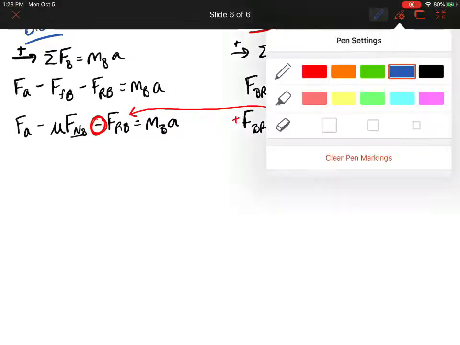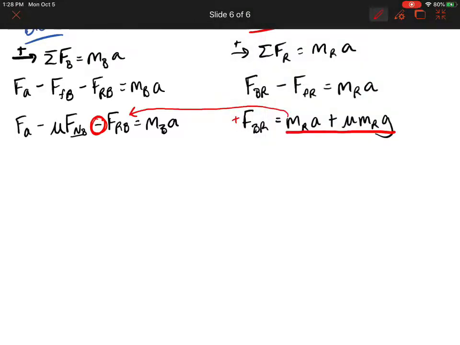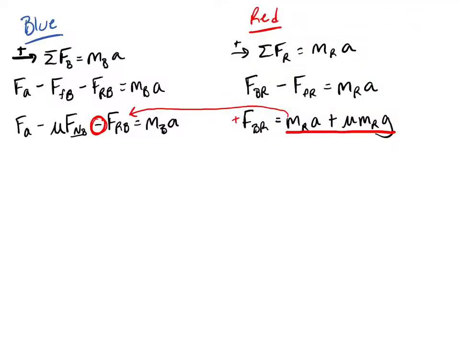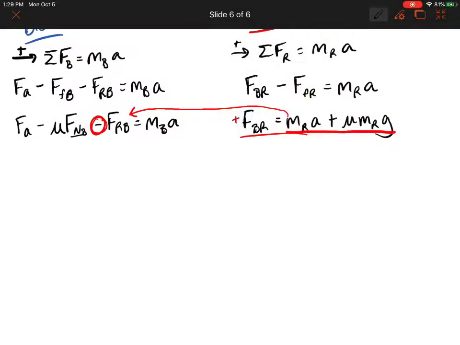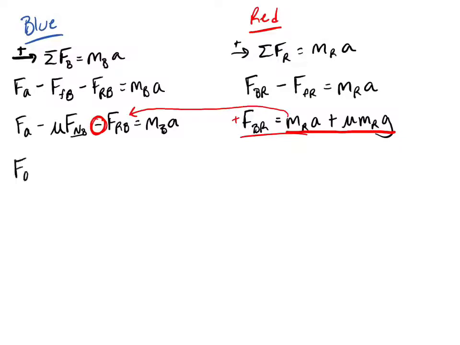Okay, so now we can go back and substitute that in and hopefully solve for acceleration, because that's what we want. We want the acceleration of the boxes, and then we want the force of the red box on the blue box, which is equal and opposite to the blue box on the red box. So basically, I need to solve for this once we're done. Okay, let's do this. Hopefully by this time, you've done so much substituting that it's not a big deal.